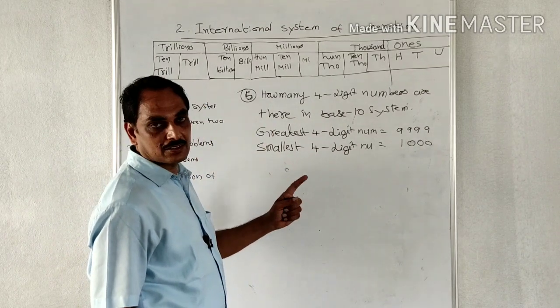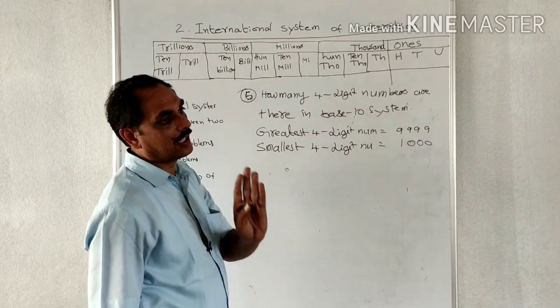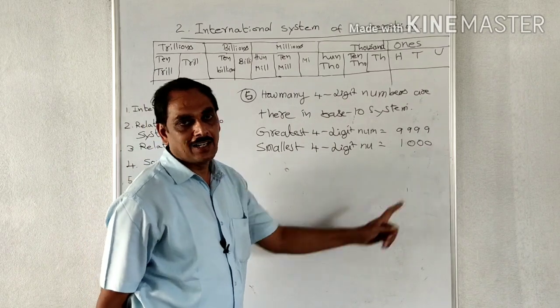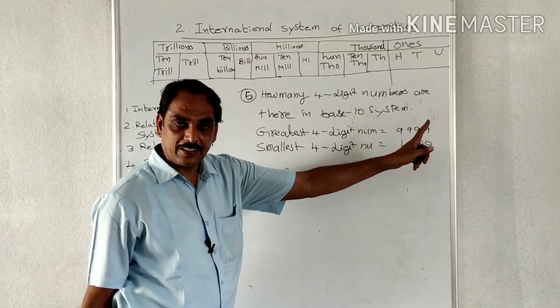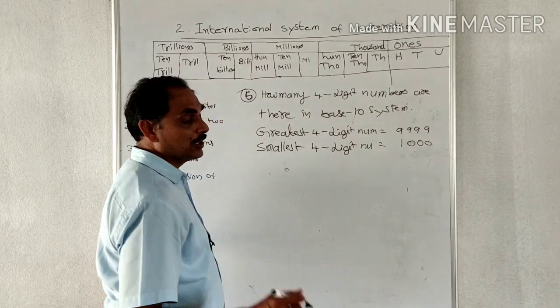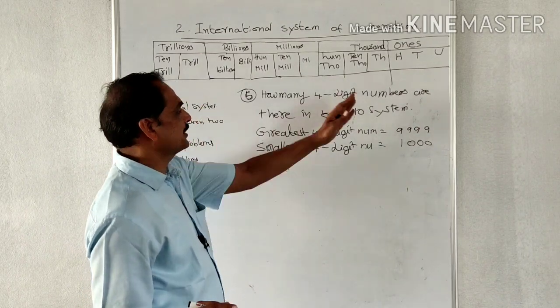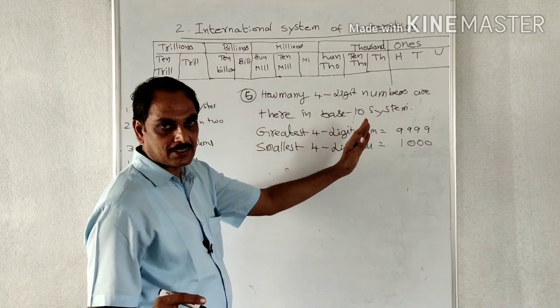This means the 4 digit numbers start from 1000 and end at 9999. So now we have to find the number of 4 digit numbers there are in base 10 system.